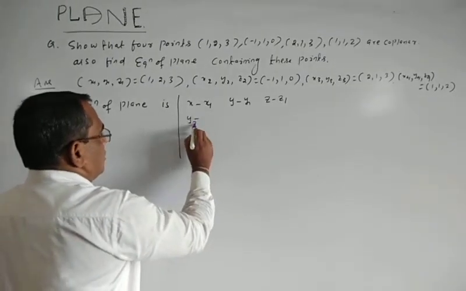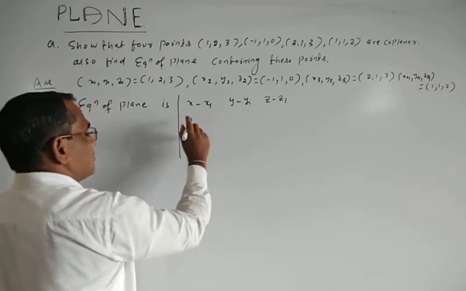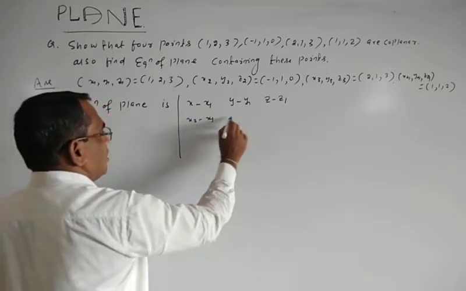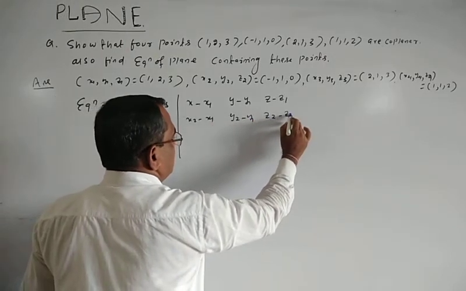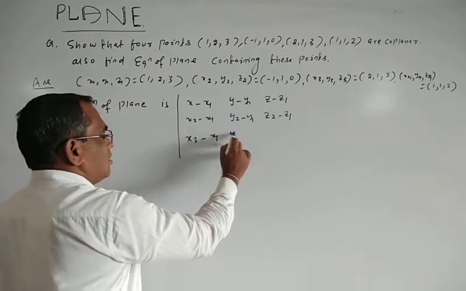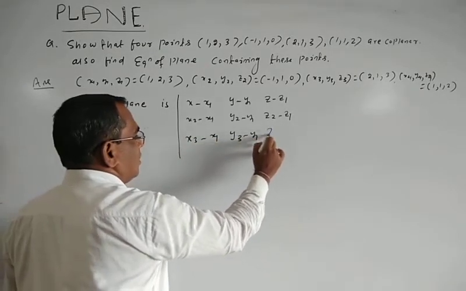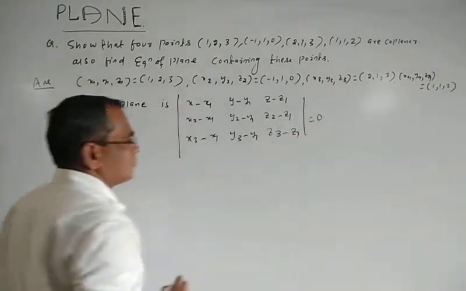Then y minus y1. In the second row, second point minus first point: x2 minus x1, y2 minus y1, z2 minus z1. x3 minus x1, y3 minus y1, z3 minus z1 is equal to 0.